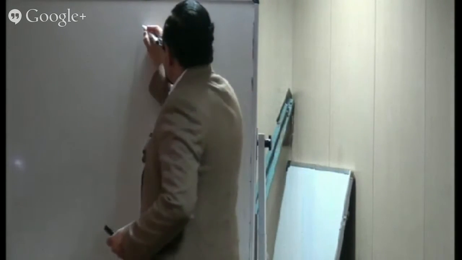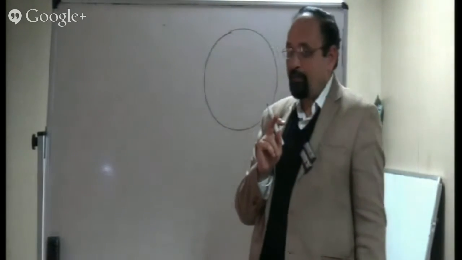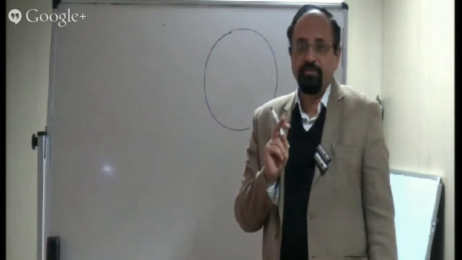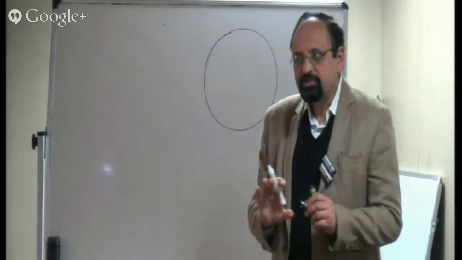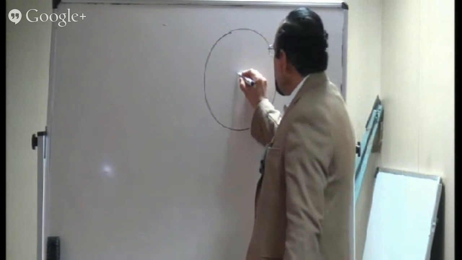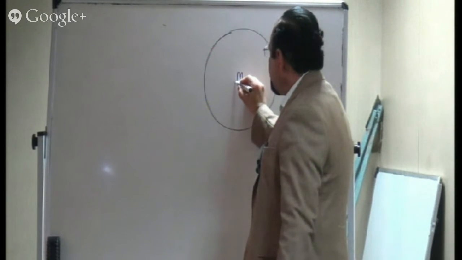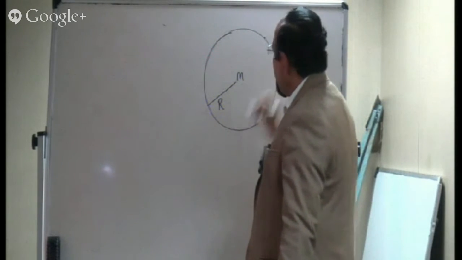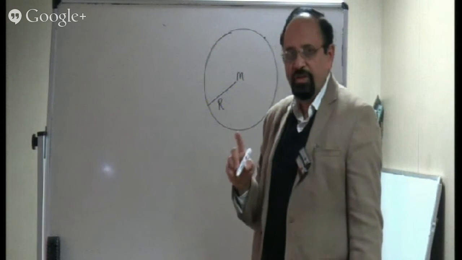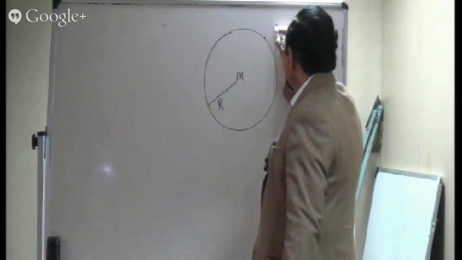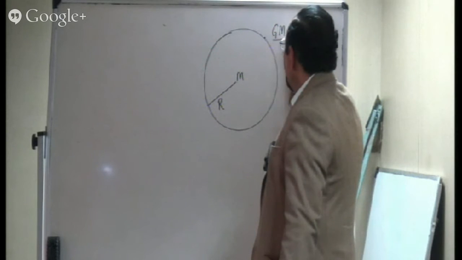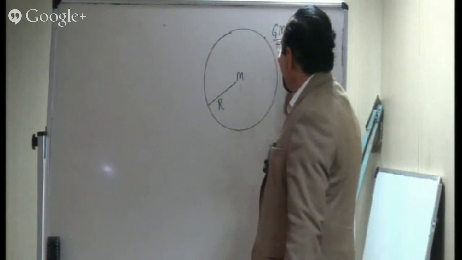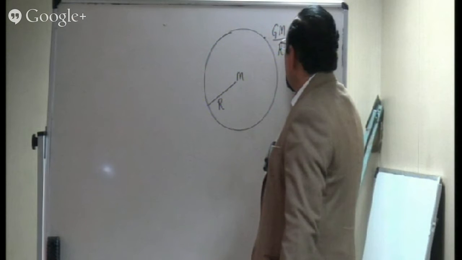On the surface of Earth, if I take Earth to be a perfect sphere, it is not, this is a simplified version, of mass m and radius capital R, then on its surface, according to the relation for gravitational field intensity, the relation is capital G m, the distance between the center and this point, which is equal to capital R, whole square.